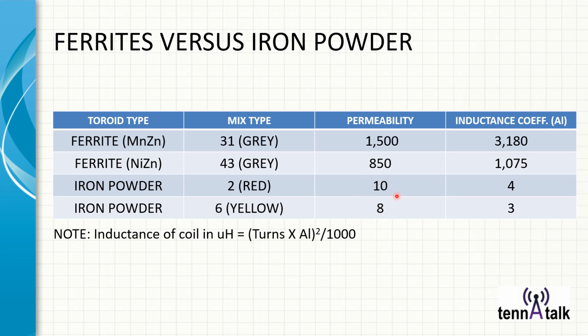Notice the permeability, the magnetic effectiveness essentially, is orders of magnitude different than the ferrites. And the inductance coefficients are orders of magnitude higher. So iron powder cores are for building compact inductors. That's the main reason. You'll see these in auto tuners, but not for CMCs and TLTs.